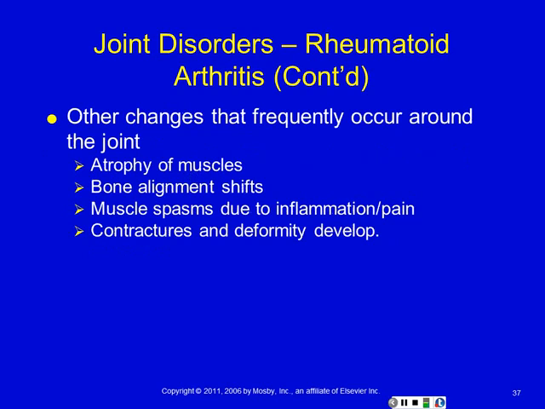All right. Around the infected joints, you often get atrophy of the muscles. If it hurts to move a joint, you tend to move it less, and if you move it less, the muscles get smaller. So you get atrophy. The bone alignment can shift as the synovial membrane swells and is deformed. It will literally pull the bones out of shape. So, you'll see sometimes, little old ladies with really gnarly hands.